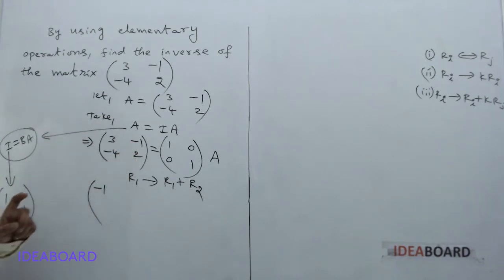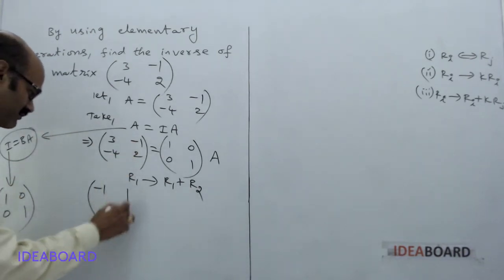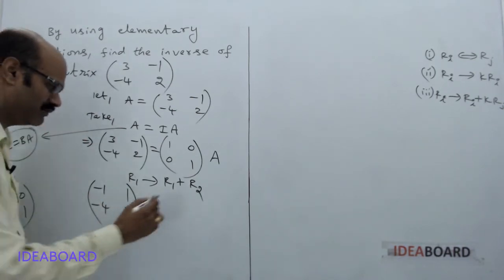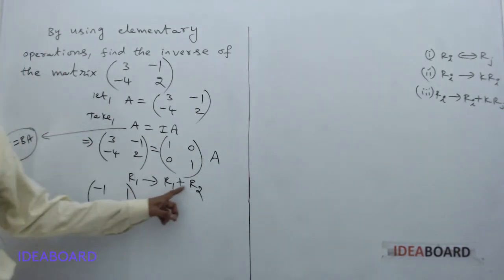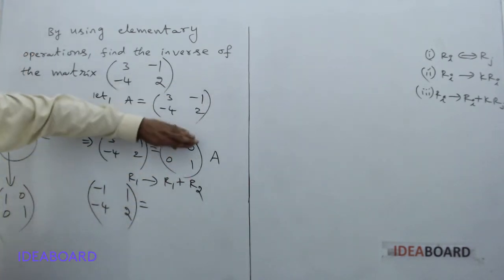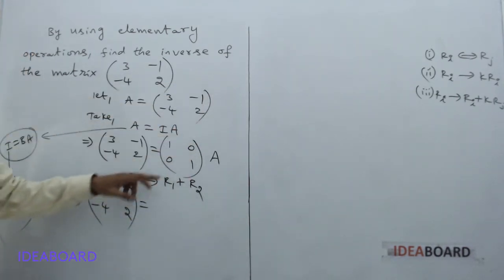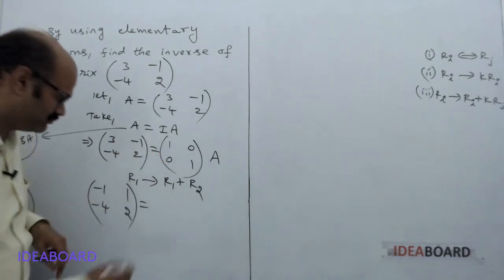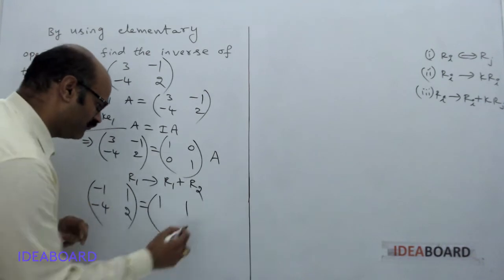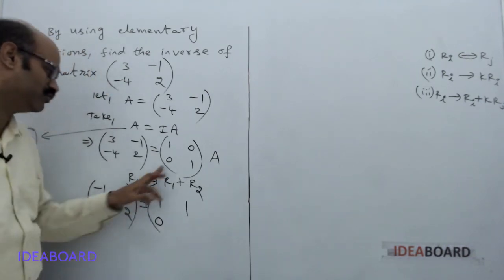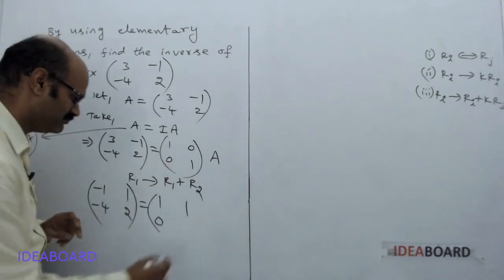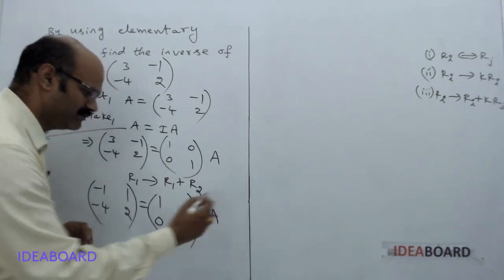Minus 1 plus 2 equal to plus 1. Minus 4, 2. R1 implies R1 plus R2. So we have to write only for R1, so that 1 plus 0 equal to 1. Now 0 plus 1, 1, 0. R2 no change, so we have to write R2 same, the elements whatever you have, into A.